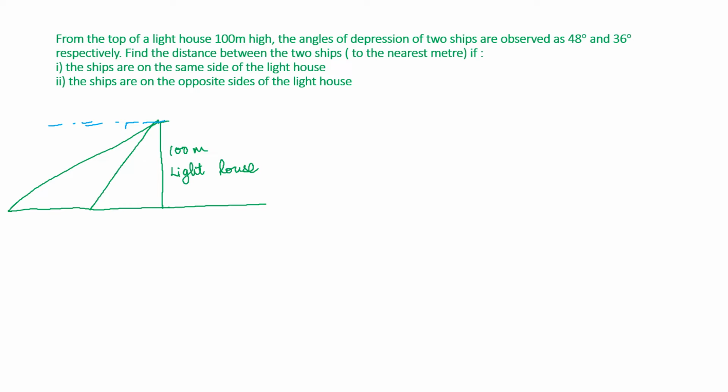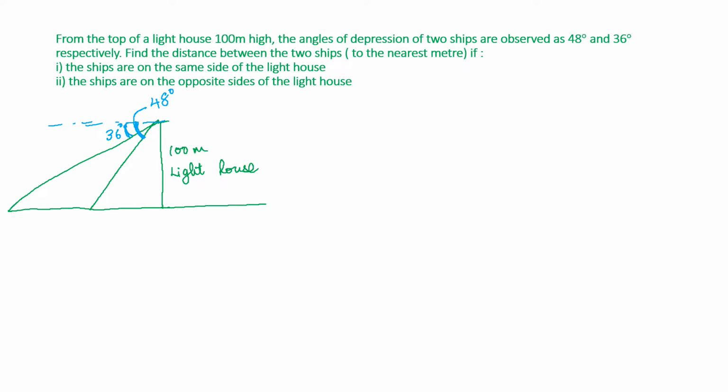This is one angle of depression, this is the other angle of depression. The bigger angle of depression is equal to 48 degrees, and the smaller angle of depression is equal to 36 degrees.